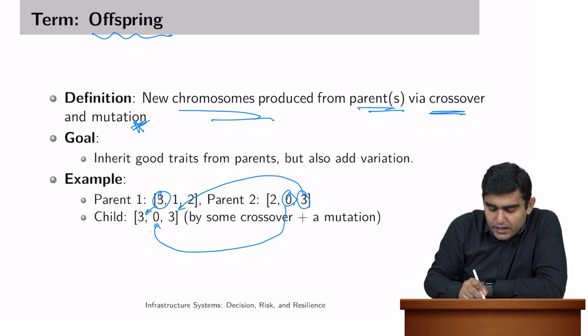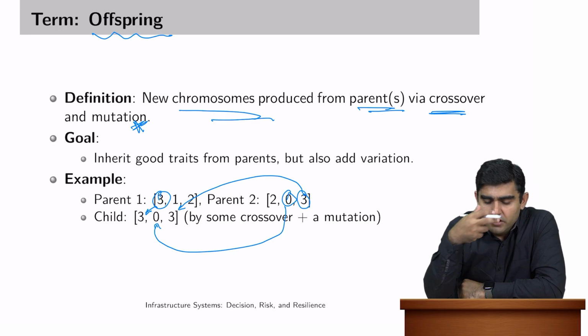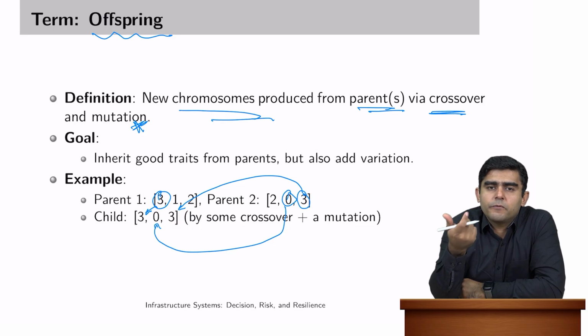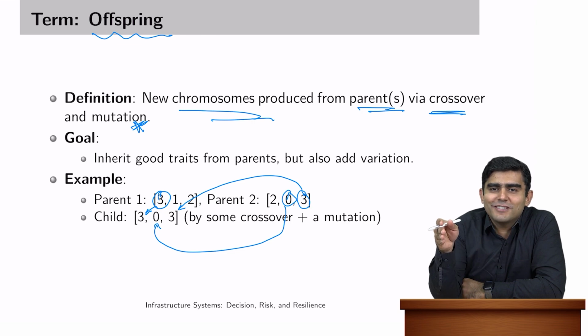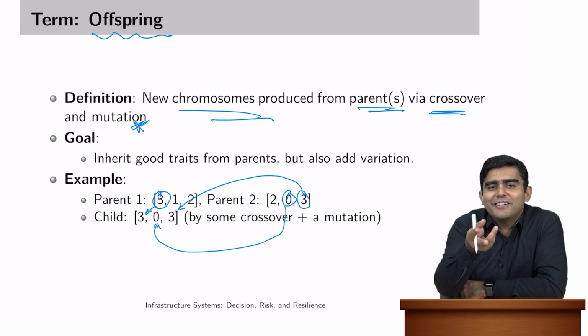So the child is going to have the genetic encoding of 303. This can be the rule that the first element would come from parent 1, the rest would come from parent 2, and I will keep on following that as I evolve my solutions going forward. And parent 2 and parent 1 can also interchange their roles.